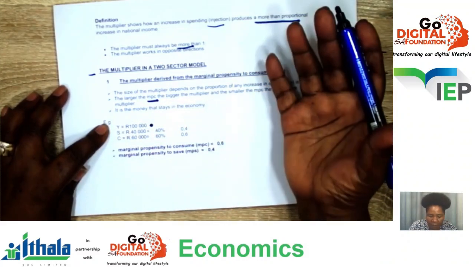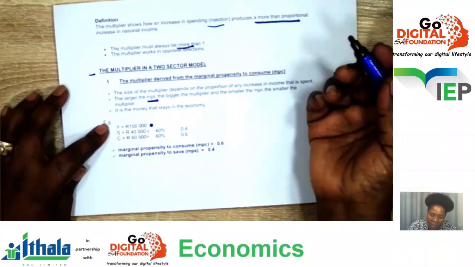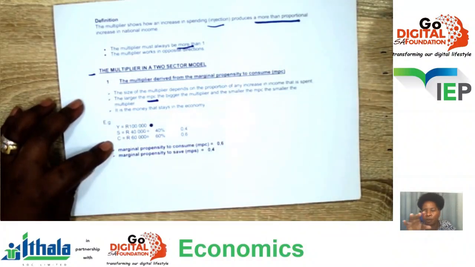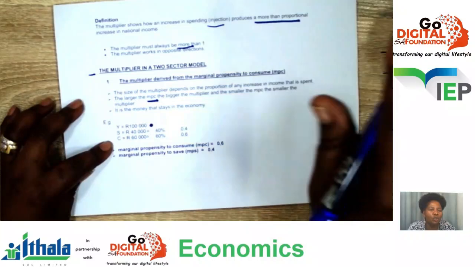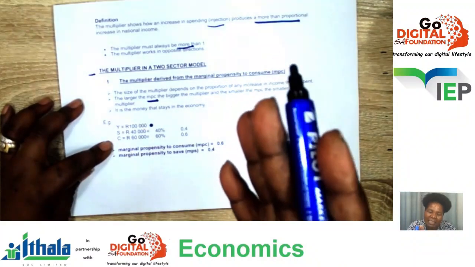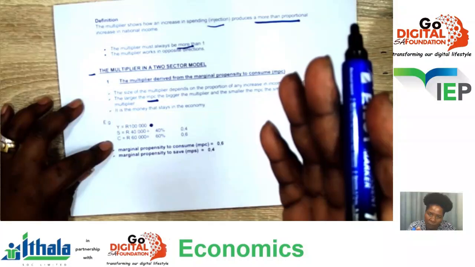We have to have money for emergencies. Even businesses, when they deposit 100,000 in a business account, it doesn't mean they're going to use the whole 100,000. The marginal propensity to consume is the portion that they have used.